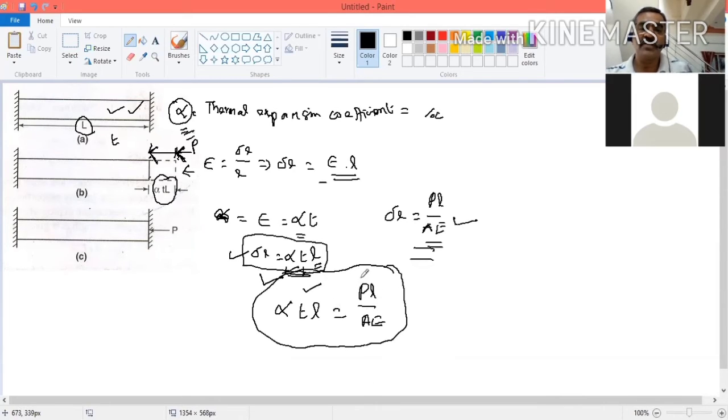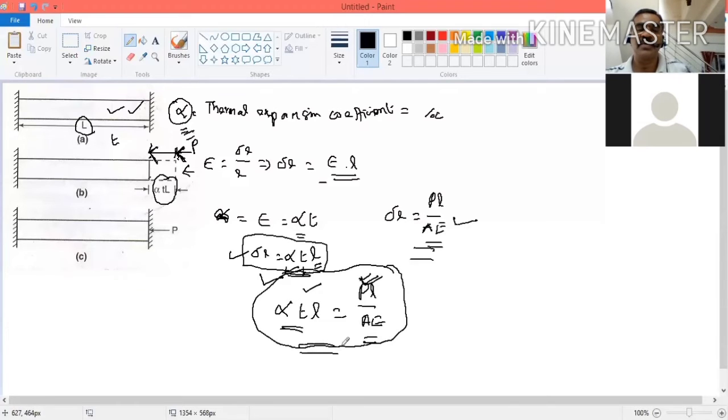If this much load is applied, this will be the compression of the metal. Both are equal. If you compare this, you can calculate the amount of load required to restrict this much elongation.